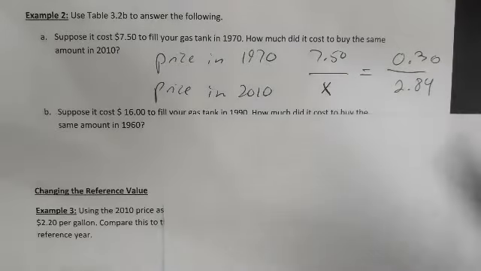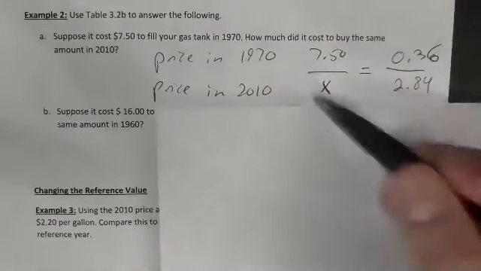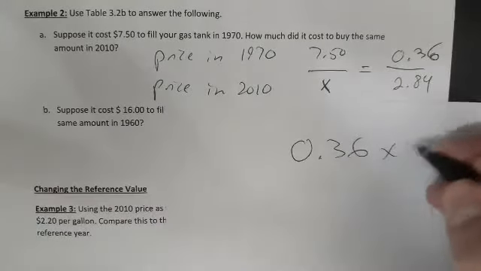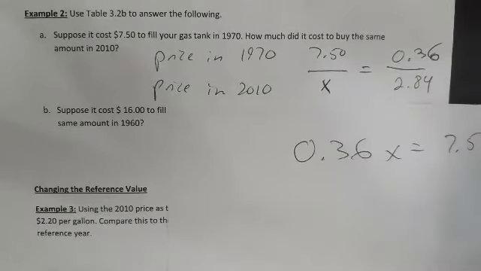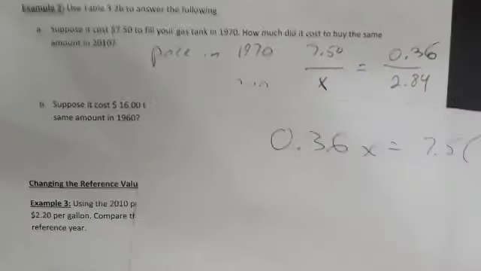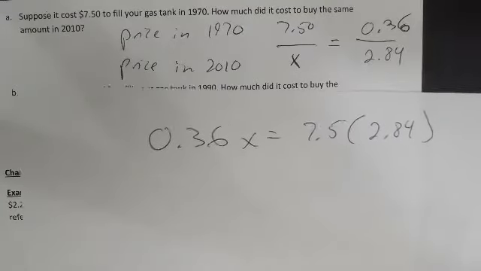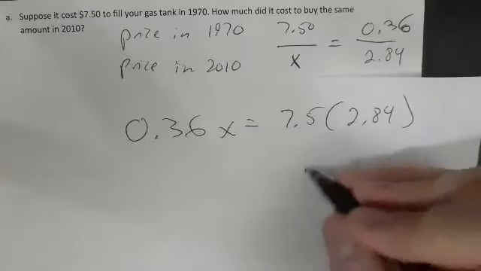So we have had this sort of set up before, but the quickest way to do this without explaining a whole lot is to just go and do that cross multiplication. So 0.36x equals 7.5 times what, 2.84 is what I'm trying to figure out. Let me get that on there. $7.5 times 2.84 is giving me 21.3.